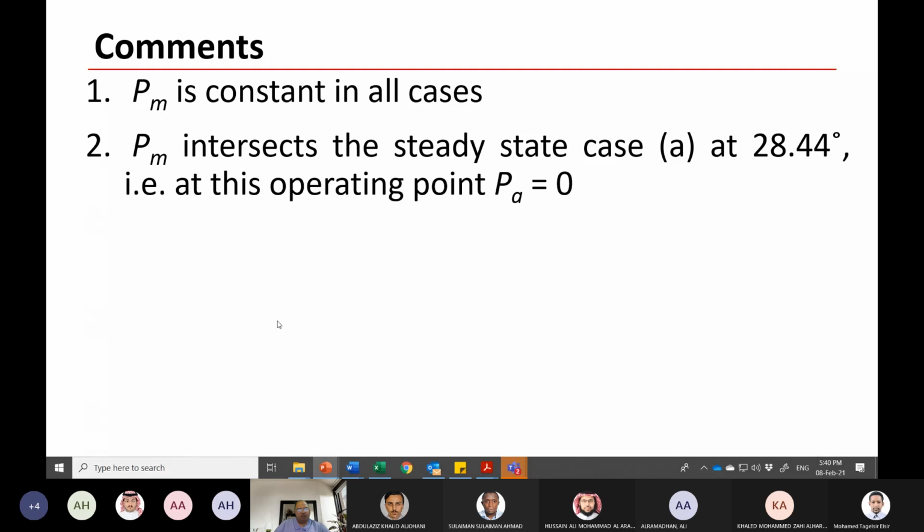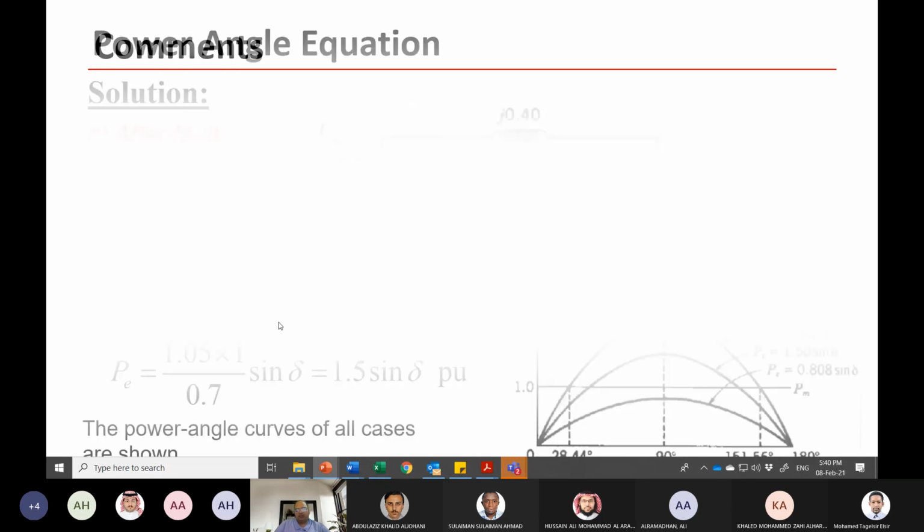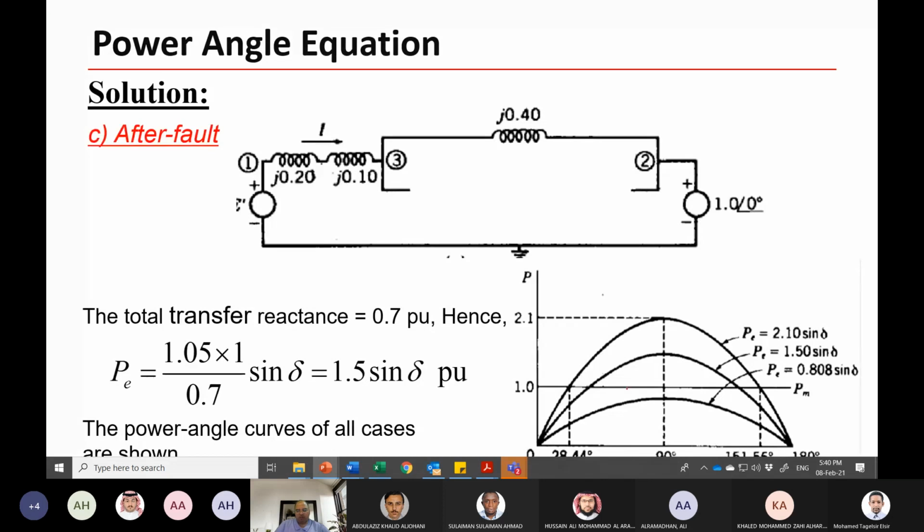And Pm is constant in all cases. Pm intersects the steady state case at A. This Pm is constant here, 1 per unit, and this is found from the pre-fault steady state condition.